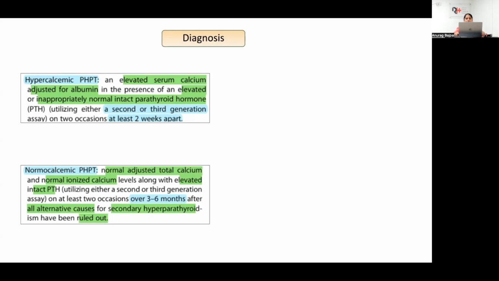elevated or inappropriately normal intact PTH, on at least 2 occasions, which should be at least 2 weeks apart. And in normocalcemic PHPT, normal adjusted total calcium and normal ionized calcium along with elevated intact PTH, on at least 2 occasions over 3 to 6 months, after all the alternative causes for secondary hyperparathyroidism have been ruled out.